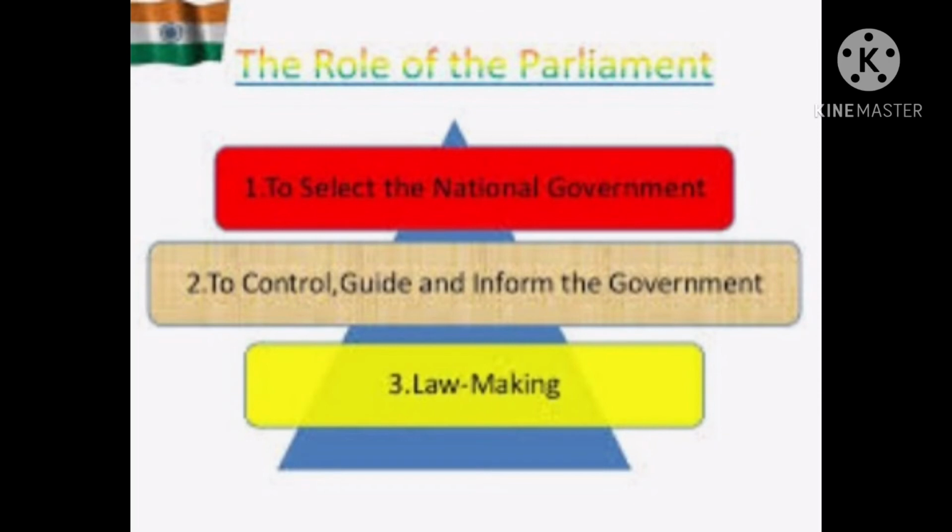Then the Ministry of Defence and the Ministry of External Affairs also. The North Block on the right houses the Ministry of Finance and the Ministry of Home Affairs. Okay. The other ministries of the Union government are located in various buildings in New Delhi.